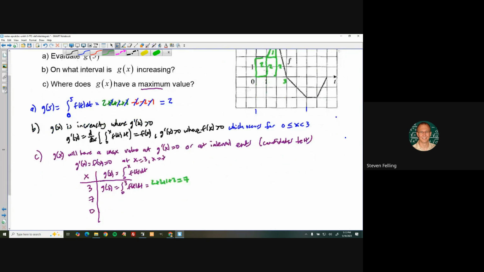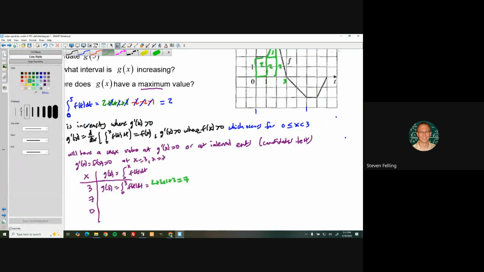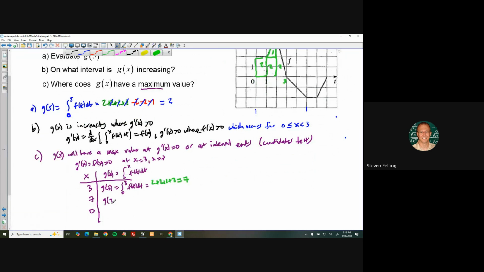Okay, we can also do the same sort of calculation for g of 7. So for g of 7, we're taking the integral from 0 to 7 of f of t. That means that we have all of that area, so that original 7, plus we have to add in this negative area. So there's a negative 2 for that region.